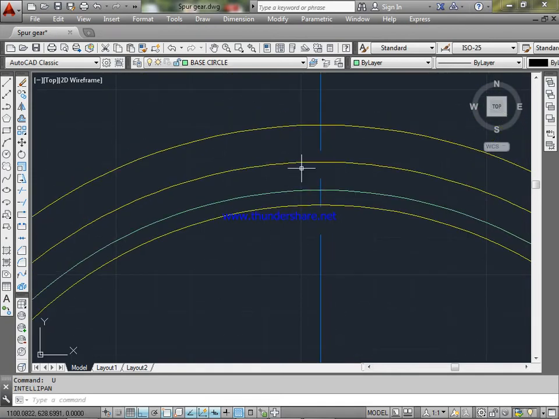On the pitch circle, we mark the tooth thickness, CP by 2.